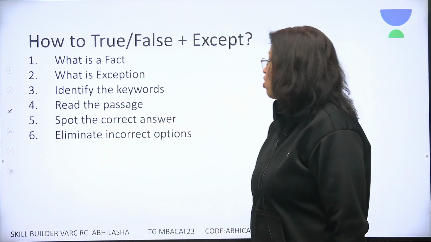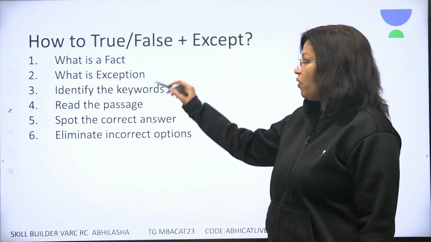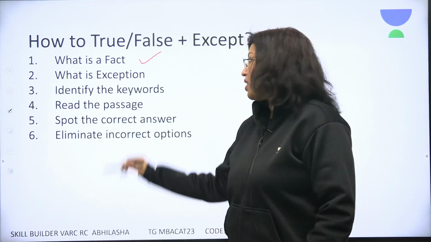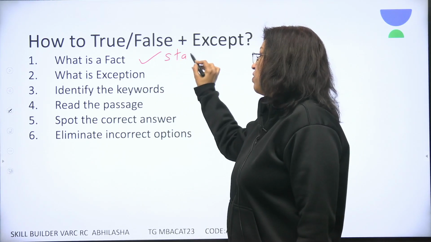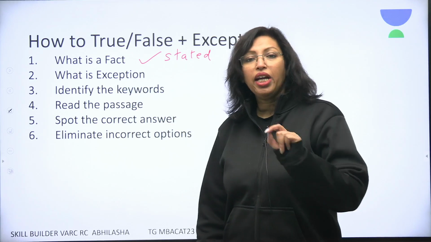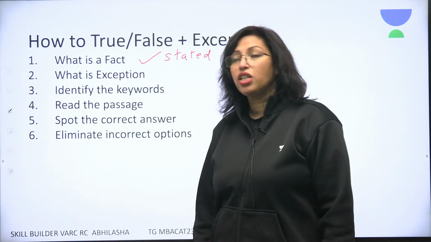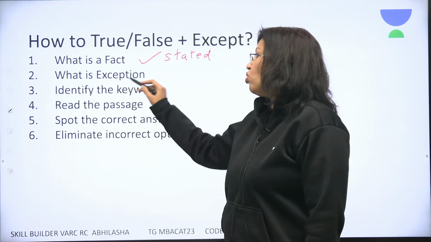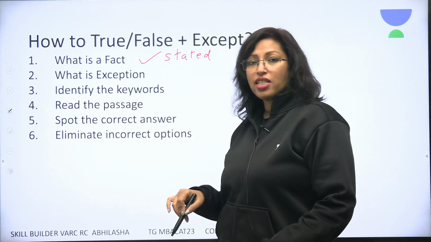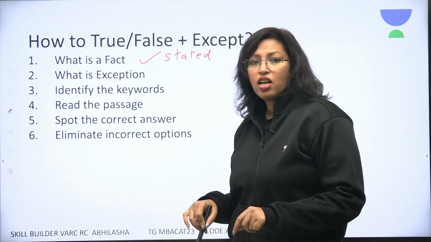Now how do you solve it, right? So number one, of course, you have to understand what is a fact according to the passage that is stated. We will take a look at that. Then what is the exception? So eliminate all the facts that are mentioned in the passage. Then you find out what is the exception. So true plus except will be false, false plus except will be true.